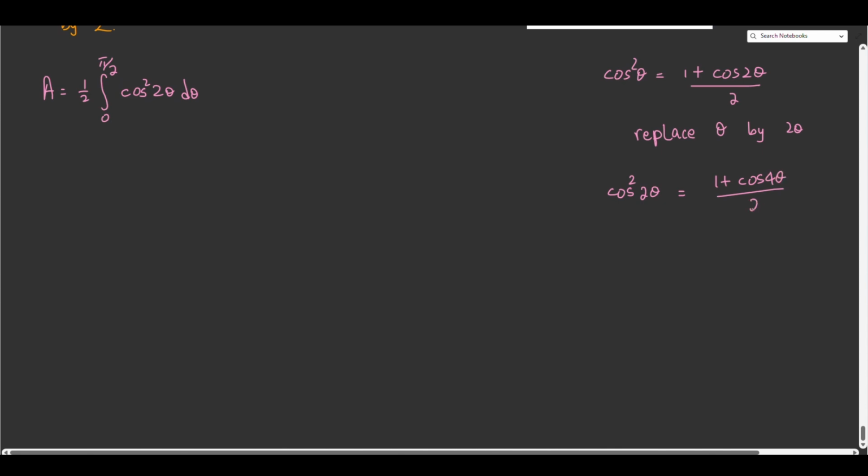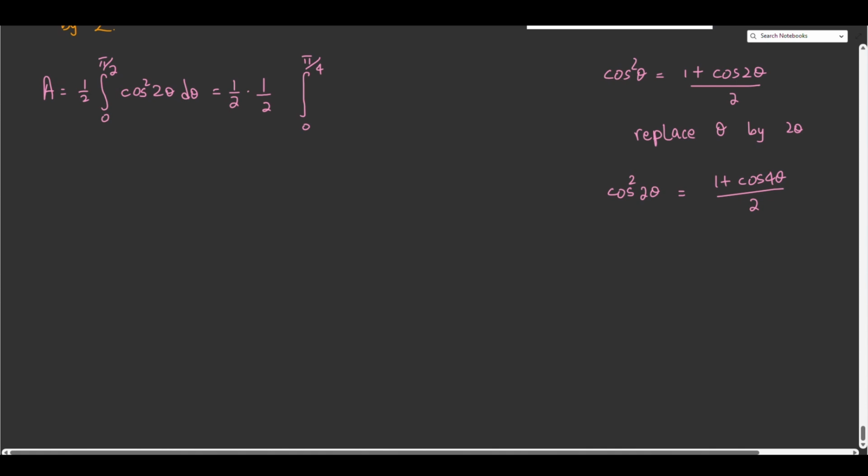divided by 2. Now we substitute this here, so then it becomes half, and there is one more half which will come from this formula, from 0 to, sorry, this is not pi by 2, this is pi by 4.